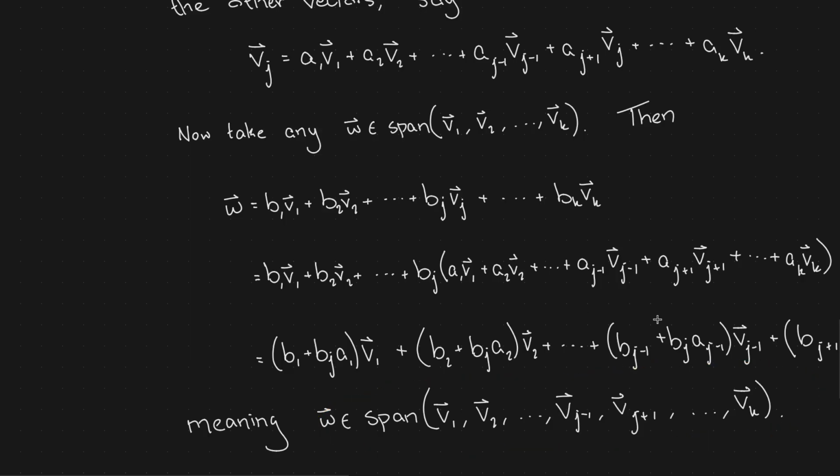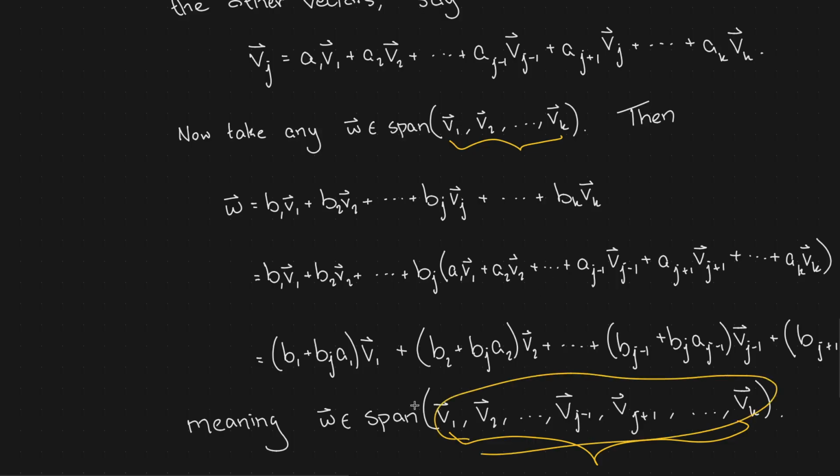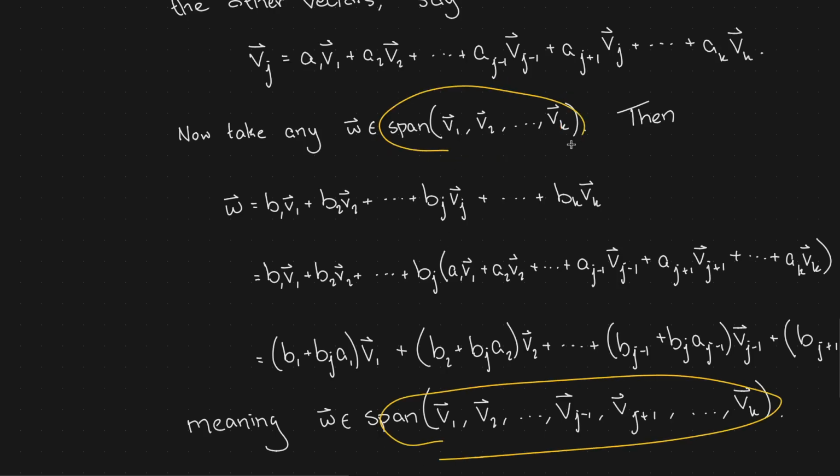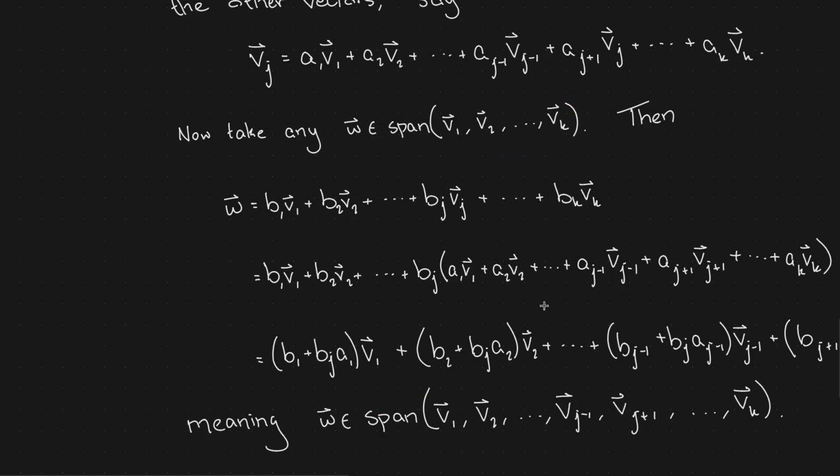But notice the opposite is also true. Any linear combination of these vectors could obviously be expressed as a linear combination of these vectors, because all of these vectors are in here. This just has one extra, that vj. So if this is a subset of this set, and this set is a subset of this set, then they must be equal.